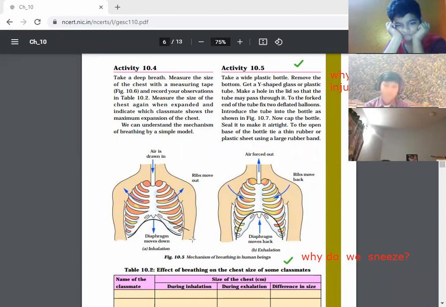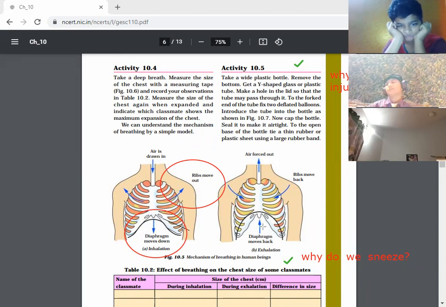I want each one of you to inhale and just feel what is happening exactly. This is a diaphragm. Diaphragm moves down when we inhale, and when the air enters, the ribs move out. Am I clear? Ribs move out and diaphragm moves down.